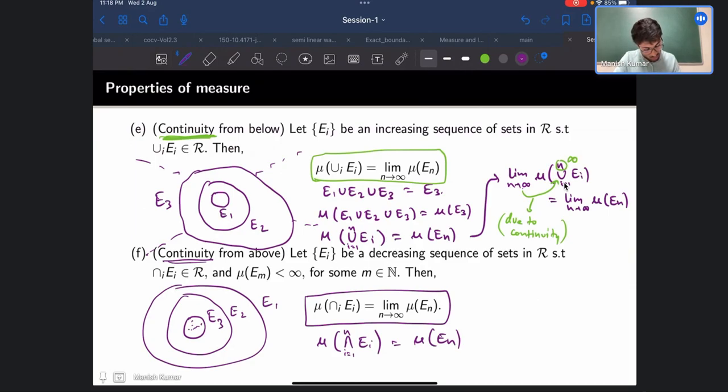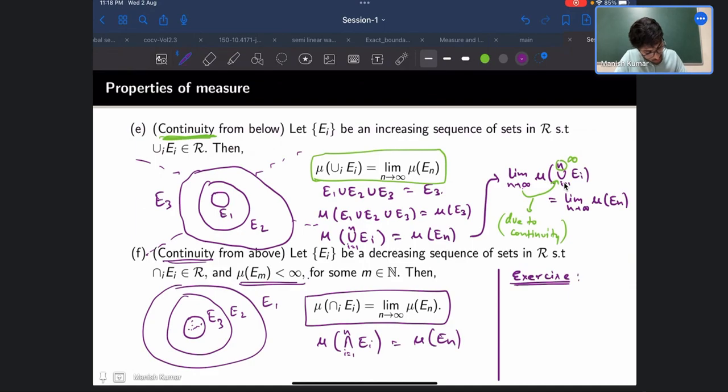And when we are talking about these things, we need the measure of some En to be finite. This is very much required. Without this, you cannot say it. You can see the counterexample. I will leave this as an exercise.